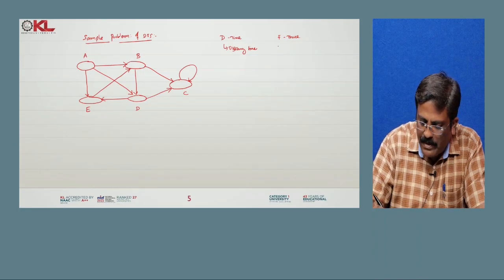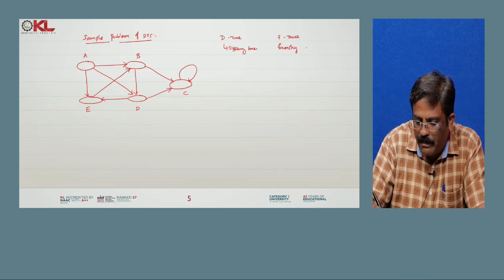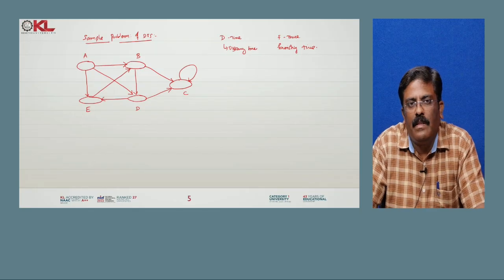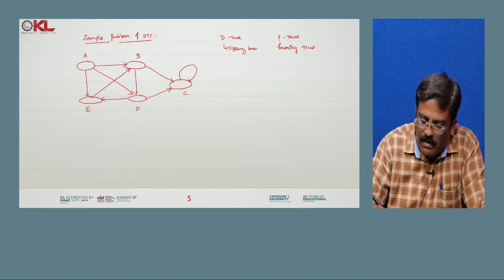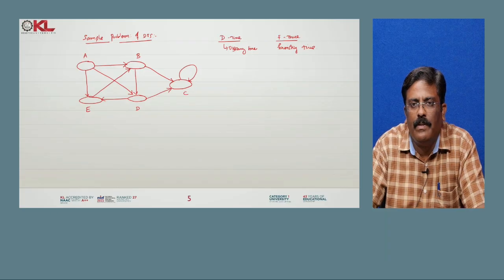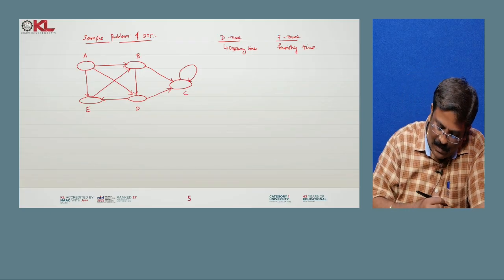F time is the finishing time, that means the cycle in which we complete that particular node, or when the vertex is considered completed after visiting. So these two are very important when we talk about DFS.